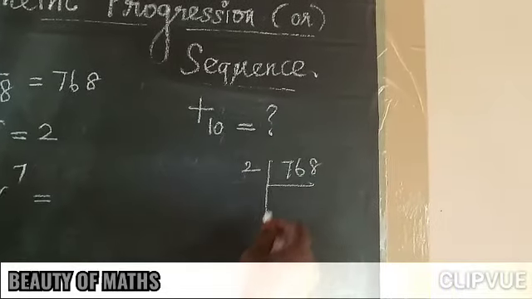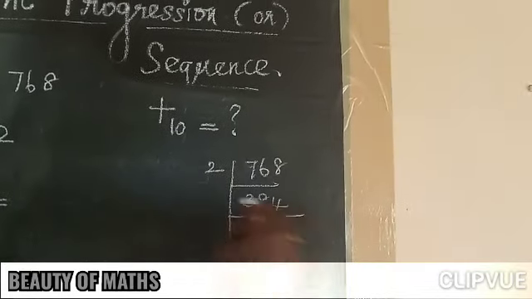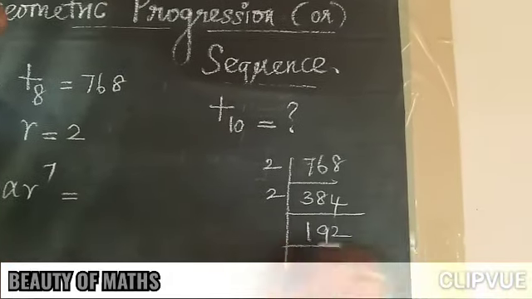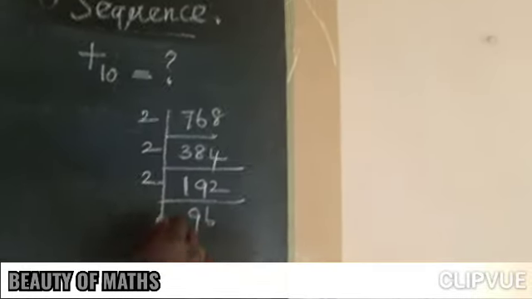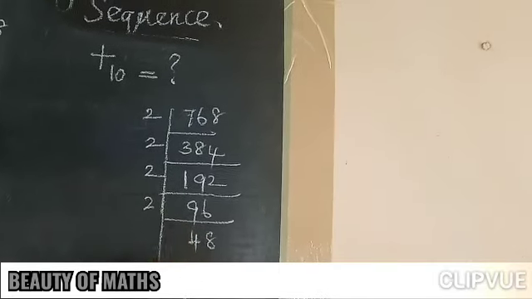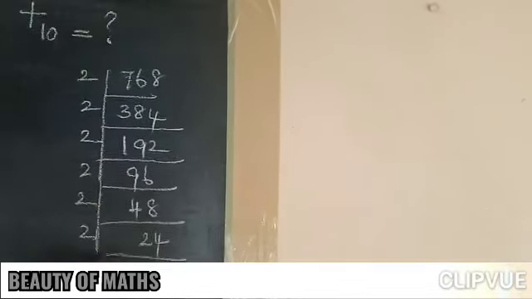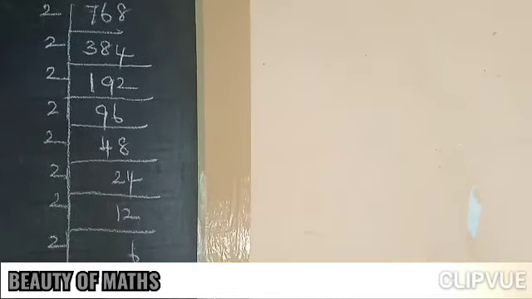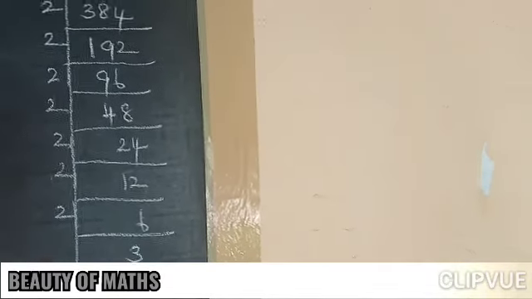In the 2 table: 768 divided by 2 is 384, then 192, then 96, then 48, 24, 12, 6, and 3. So 2 power 1, 2, 3, 4, 5, 6, 7, 8. 2 power 8 into 3.